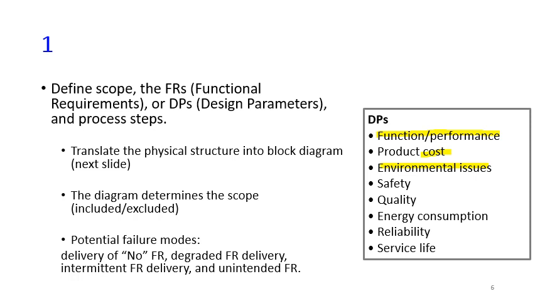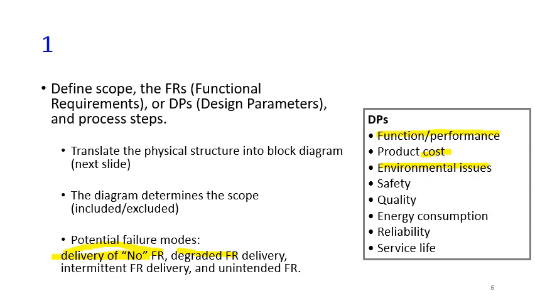Well, if there's a functional requirement that cannot be delivered, so the functional requirement is a function that is required, but the current design cannot deliver that, it's a failure, right? Or if right now the product can deliver that function, but over time it is degraded, then it's also a failure mode.